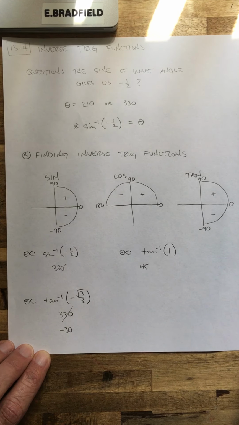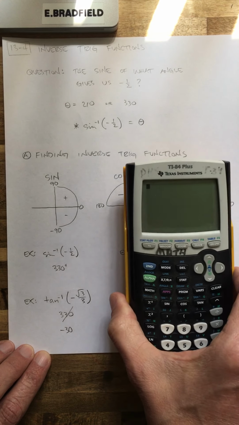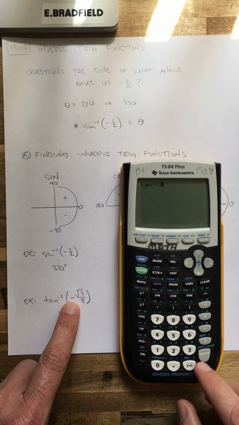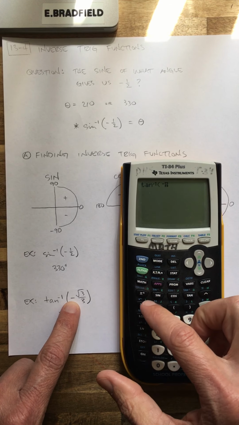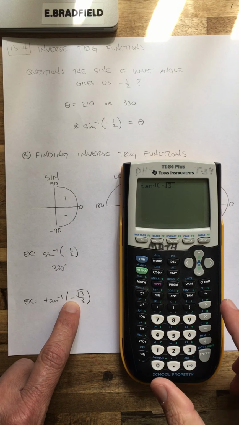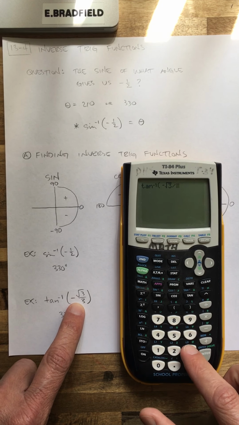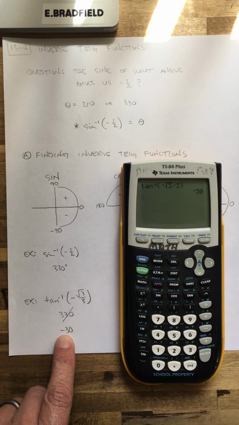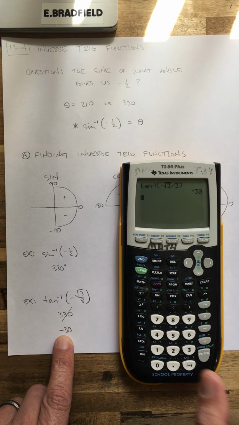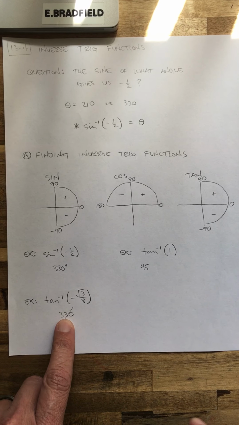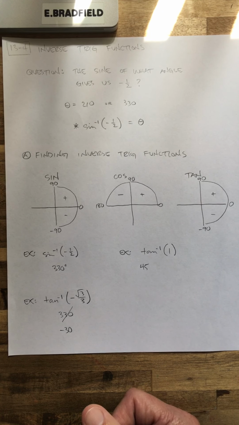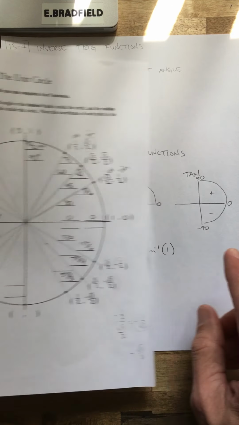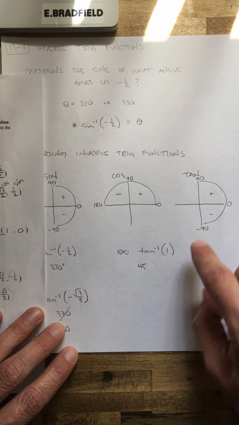And if you don't believe me, watch. We'll do the inverse tangent of negative square root of 3 divided by 3, and it should give me negative 30. There it is, negative 30. Isn't that great? If you would have put 330, I don't know what to tell you. Remember, we're in this quadrant, and I know 330 is in that quadrant, but it has to be between 0 and negative 90.